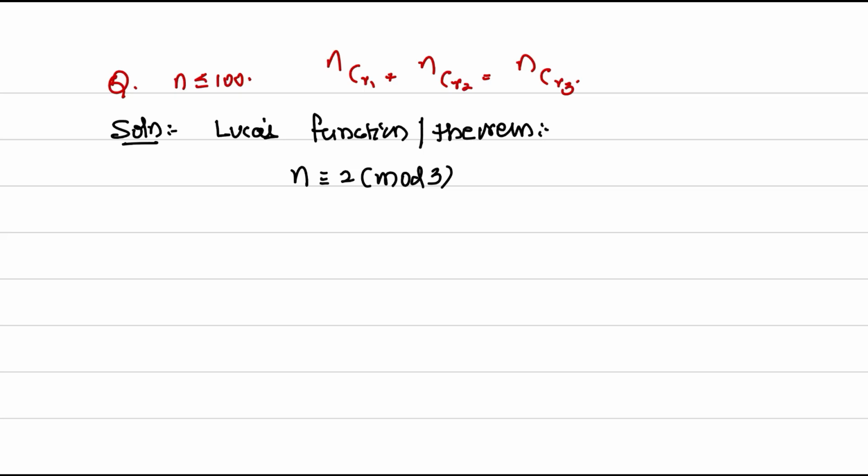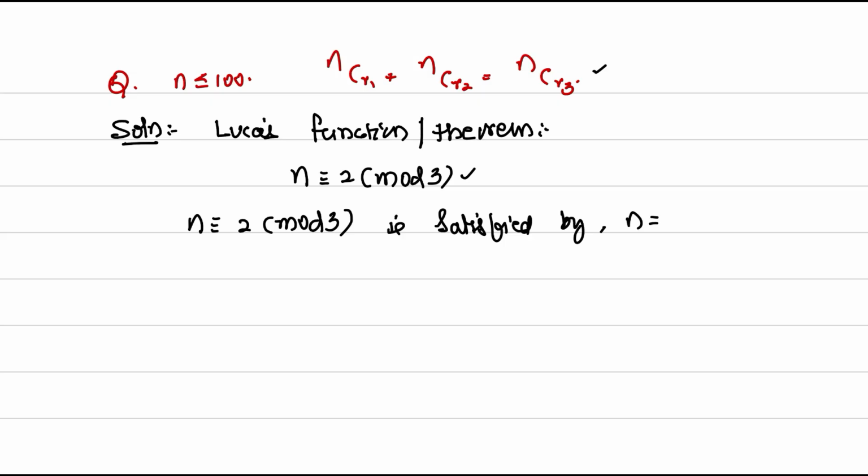What are the values of n such that it satisfies the equation nCR1 plus nCR2 is equal to nCR3, and also the Lucas theorem condition n equivalent to 2 mod 3, so that the main equation is satisfied? Let's go for their values. n equivalent to 2 mod 3 is satisfied by what values of n?